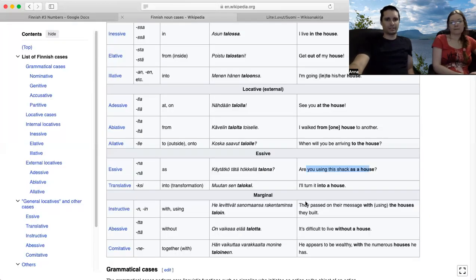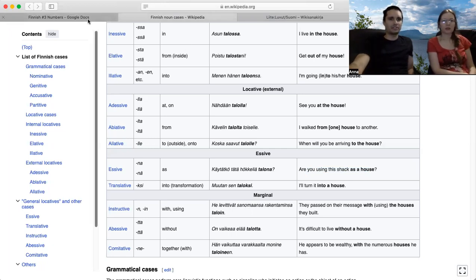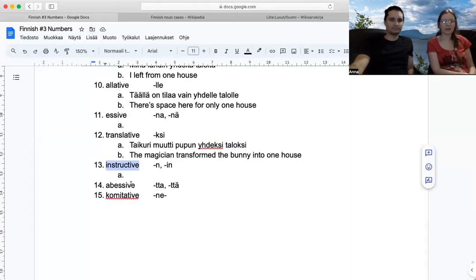Instructive, I couldn't think of any. Here they had, without the one, they passed on their message with using the houses they built. Those are rarely used cases, so let's skip them. Abusive, -tta, means without something.